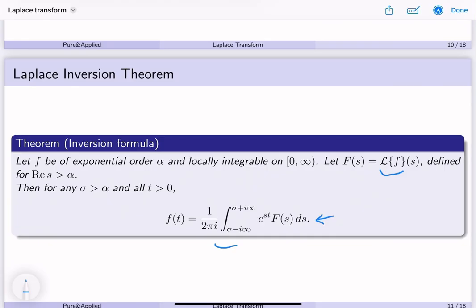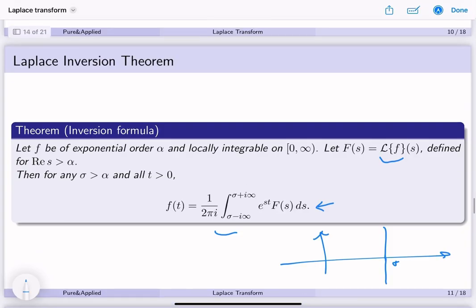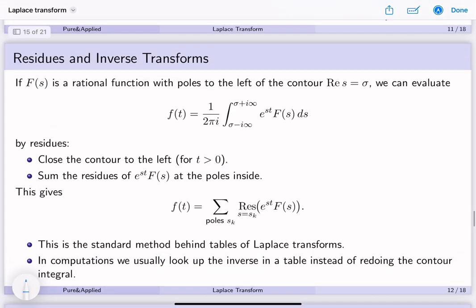If you're a bit familiar with complex analysis, you can shift this contour: there's some sigma here, and we're integrating from minus i infinity to plus i infinity over this line, and we can shift this line and pick up residues as we shift it. If you're not familiar with complex analysis, this is a bit hard to follow, but I wanted to mention that if you know how to invert the Laplace transform and you're a bit familiar with complex analysis, then deriving the tables is a piece of cake. It's a matter of computing residues of functions, but let's keep that for a later video probably.